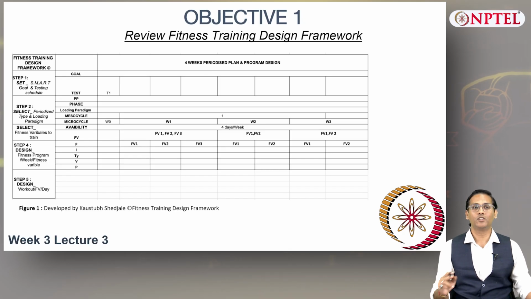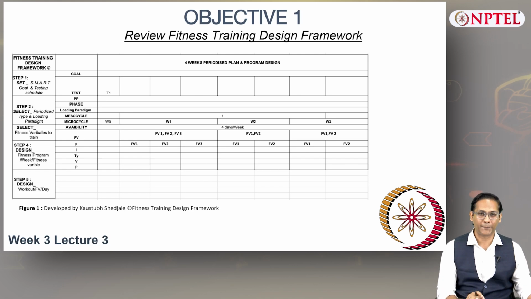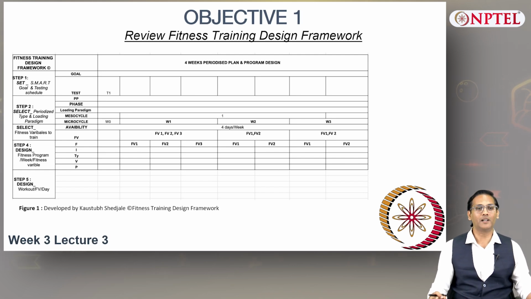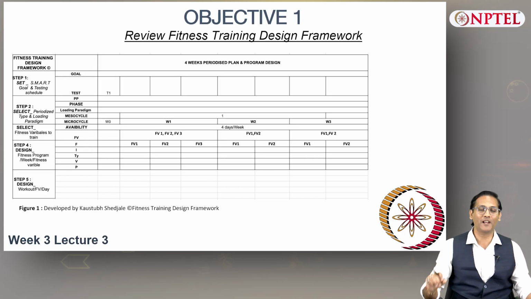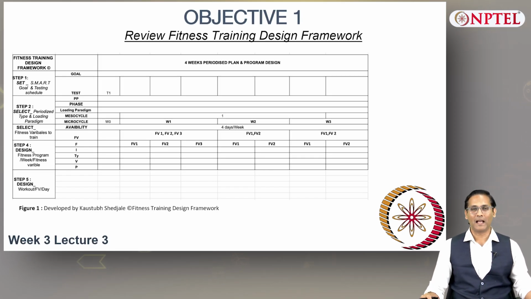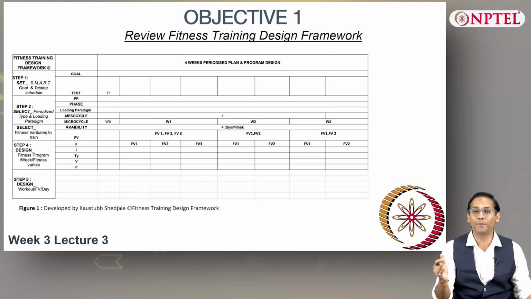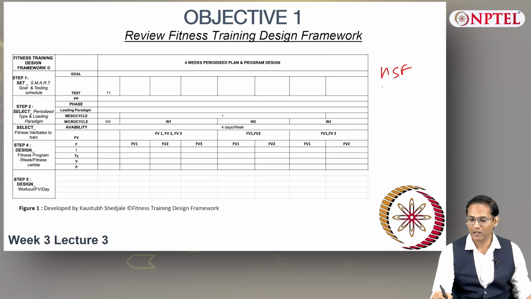The second step is you create a periodized training. The third step is you select what fitness variable you are going to train within that periodized training. As mentioned earlier, the different types of fitness variables are classified as health specific fitness, that include CRF, muscular strength, muscle endurance, flexibility, body composition.